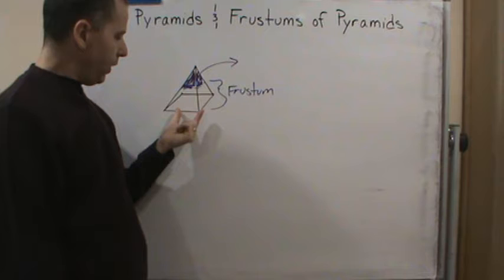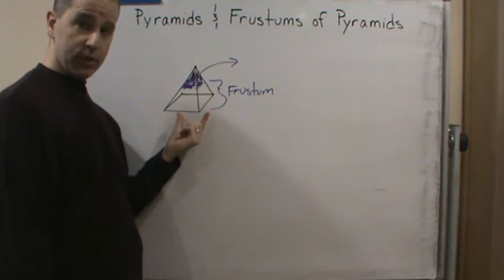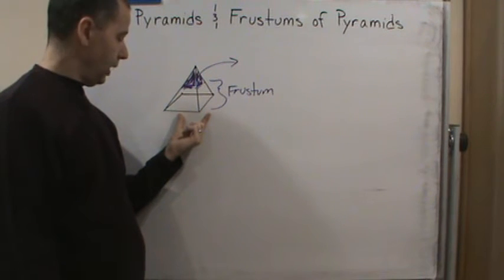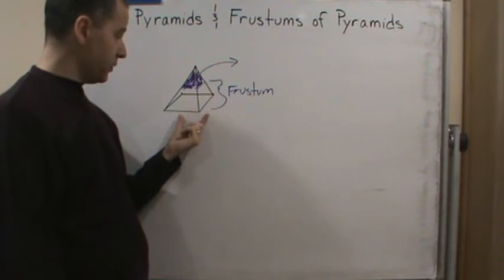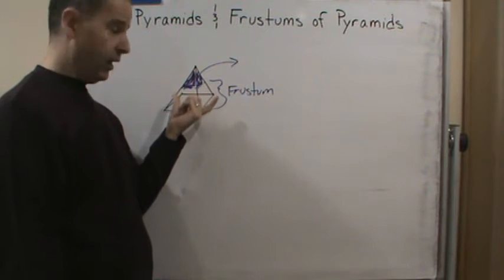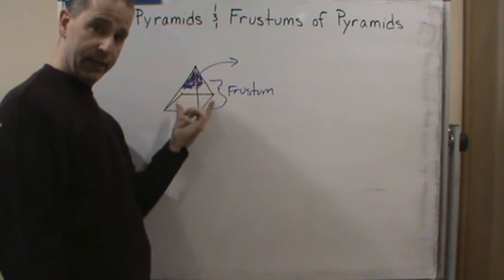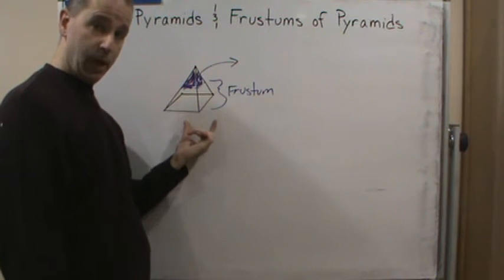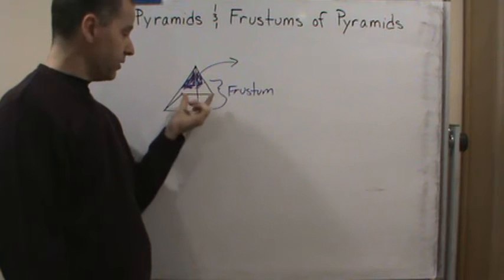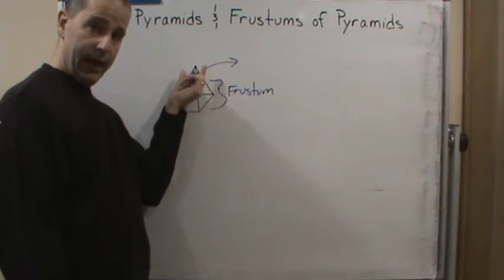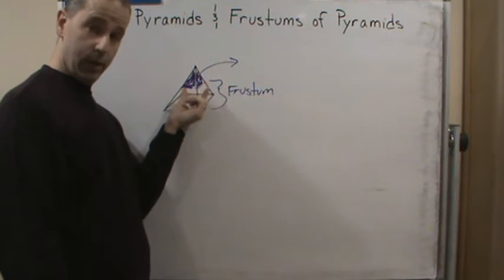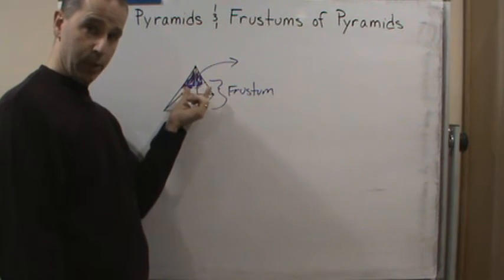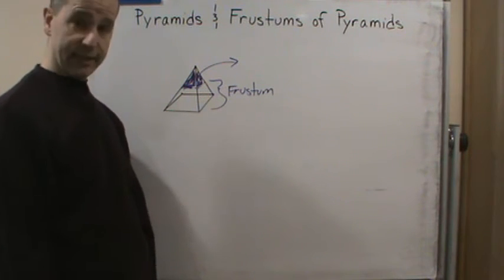And so if we wanted to find the surface area or the volume of the frustum, it's just going to come down to taking the calculation based on the complete pyramid and then subtracting off the area or volume of the smaller tip, or the smaller pyramid. Okay, that's it.